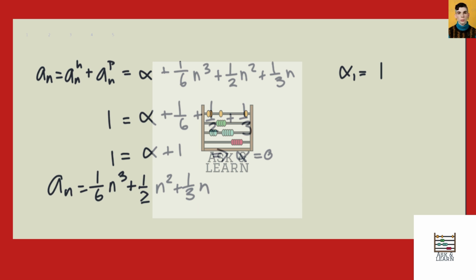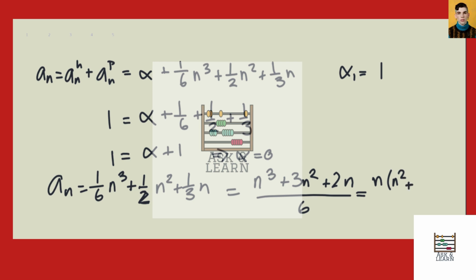Now, if we want to, we could make it so they have a common denominator of 6. And so that would give us (n cubed plus 3n squared plus 2n) over 6. And we could also factor out one of these n's. So we get n times (n squared plus 3n plus 2) over 6.